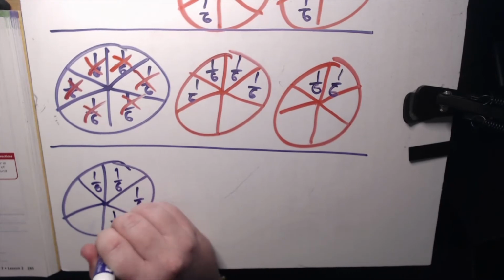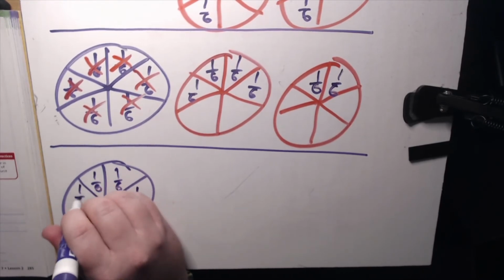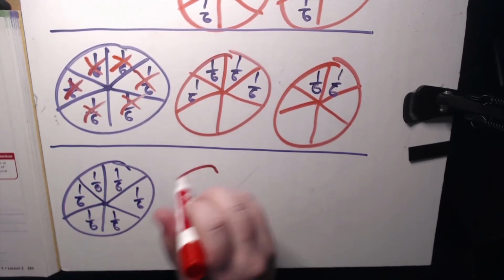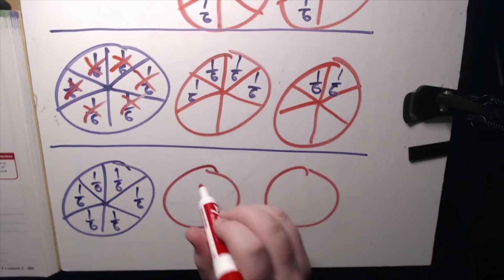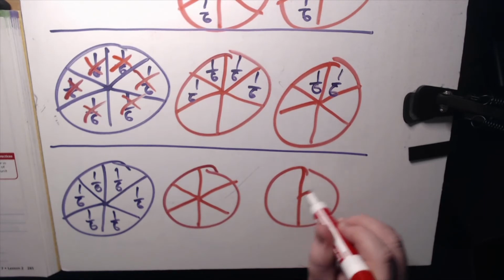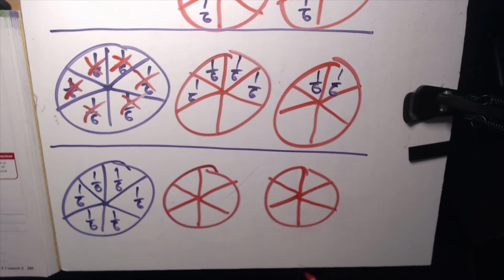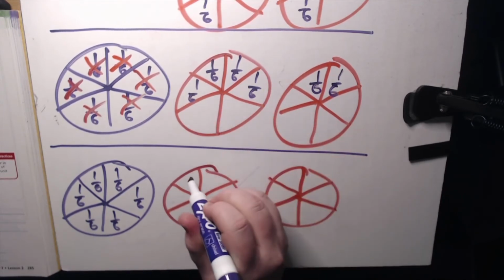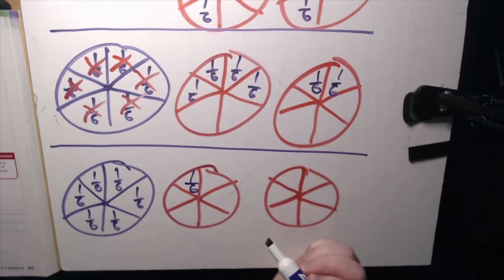Okay, so we need one more diagram. So let's make this happen really quickly. And again, Isabel was really hungry, and she ate 3 of Kevin's pieces. So we knew Kevin had 4 pieces up here, but she ate 3 of his.